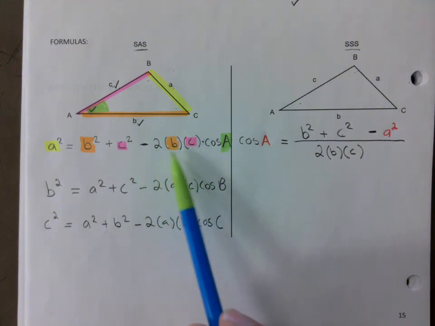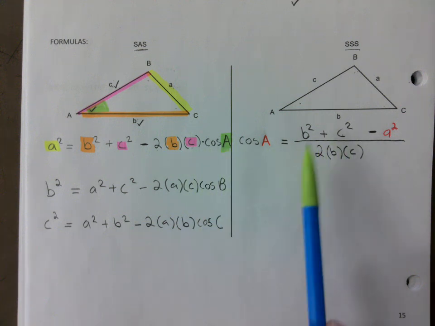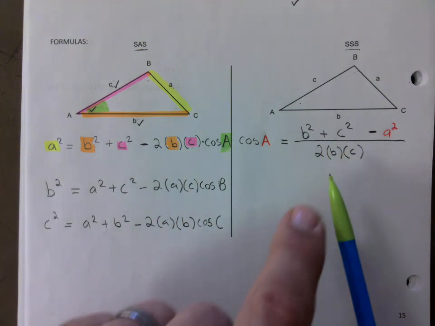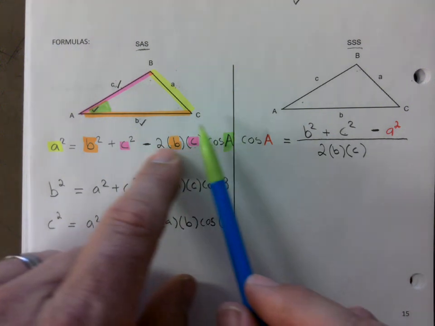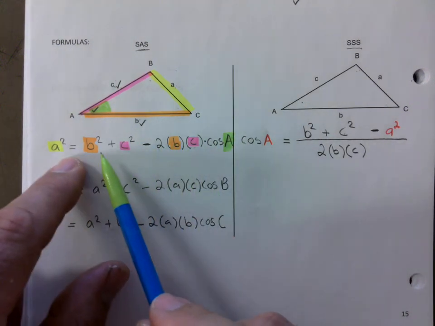We just rewrote it and did some arithmetic with it to make it look like this. Okay, so that's the only reason why. And you should see the 2BC used to be right here, okay, and so forth.